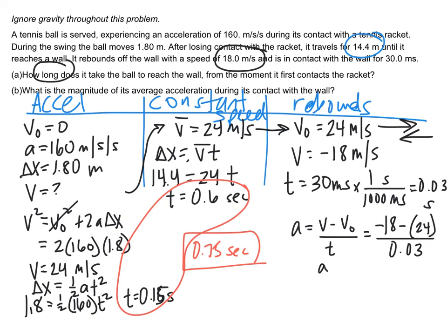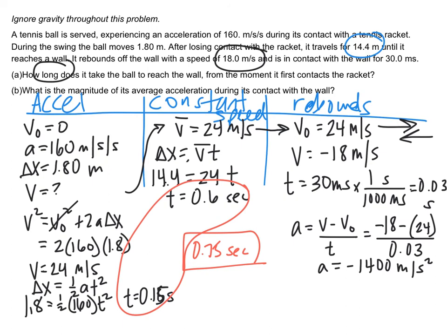This gives me a negative number, which makes sense. This object was traveling to the right, and then later it's traveling to the left, so something had to slow it down and then speed it up again in the opposite direction. All of that points to a force that points to the left, which would be an acceleration value that's to the left. So this negative sign doesn't mean slowing down necessarily.